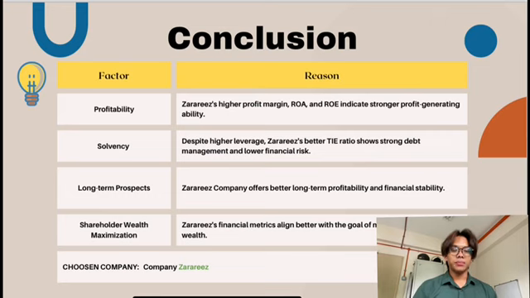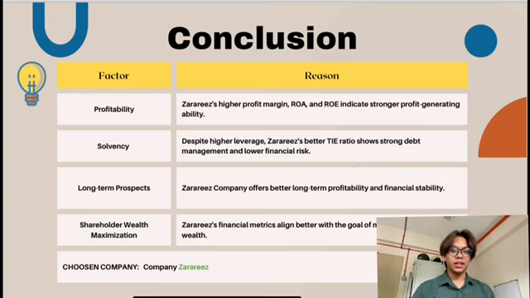For solvency, despite higher leverage, Zararis's better times interest earned ratio shows strong debt management and lower financial risk. Thirdly is long-term prospect. Zararis offers better long-term profitability and financial stability.